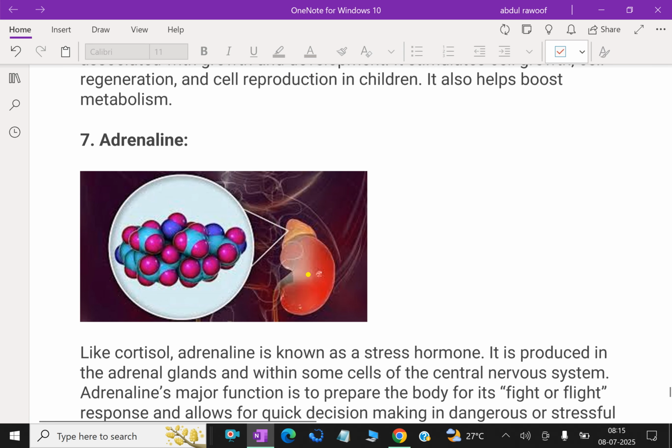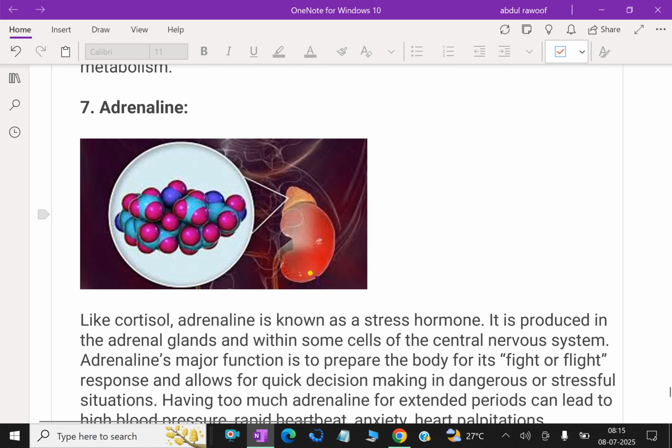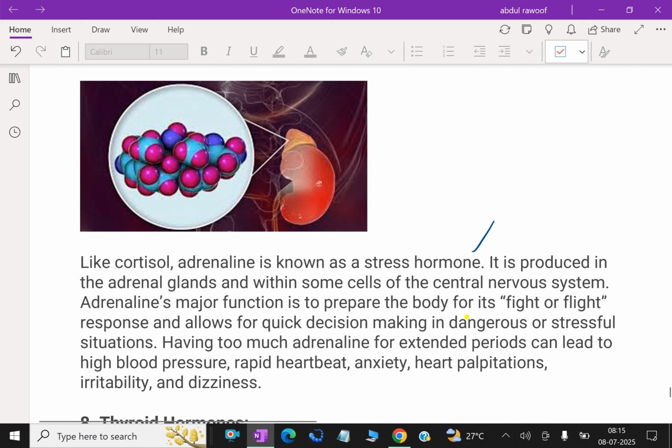Adrenaline. Like cortisol, adrenaline is known as a stress hormone. It is produced in the adrenal gland and within some cells of the central nervous system. Adrenaline's major function is to prepare the body for its fight or flight response and allows for quick decision making in dangerous or stressful situations.